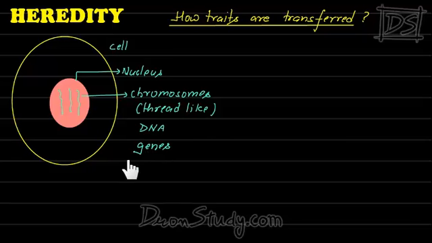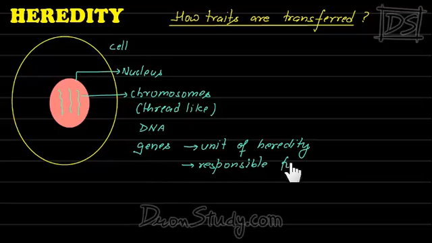These genes are called the units of heredity. Unity of heredity. Because these genes are only responsible for transferring the features from the parents to the offspring.